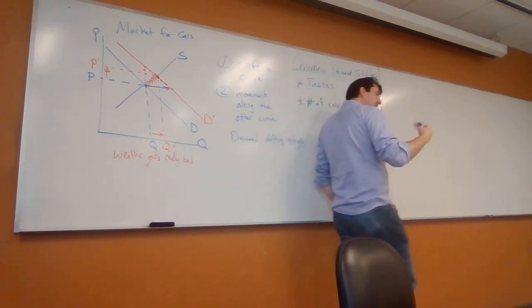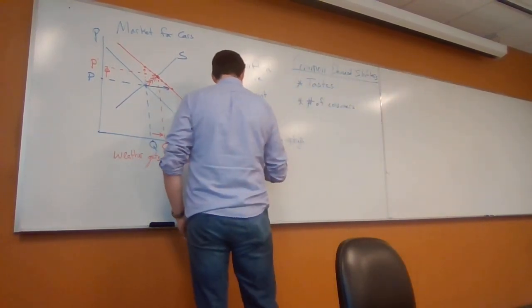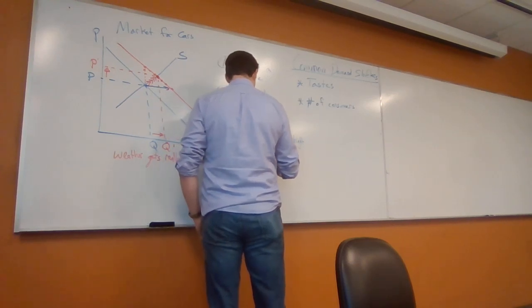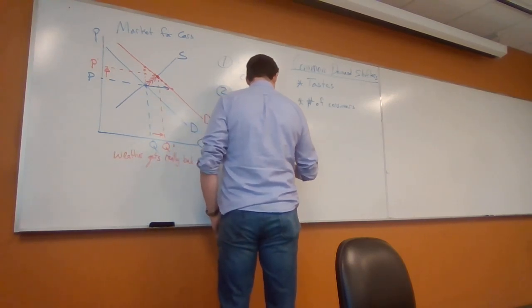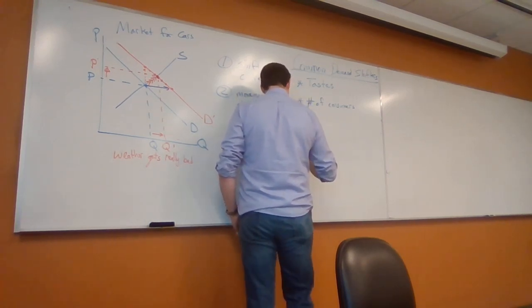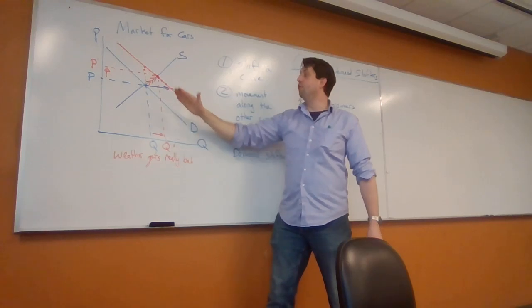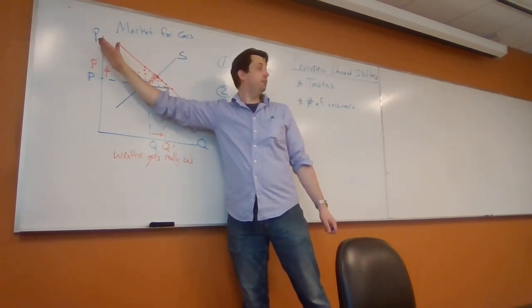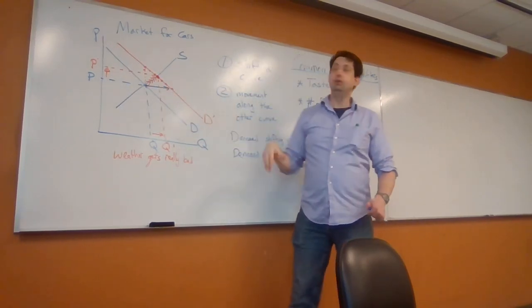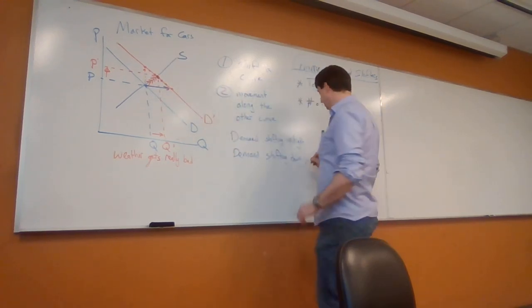It will result in the same line. Similarly, if we shift the demand curve down, that will result in the same line as if we shift it left. It's the same thing. That's why I draw these arrows right here. You see these two arrows, up and right.